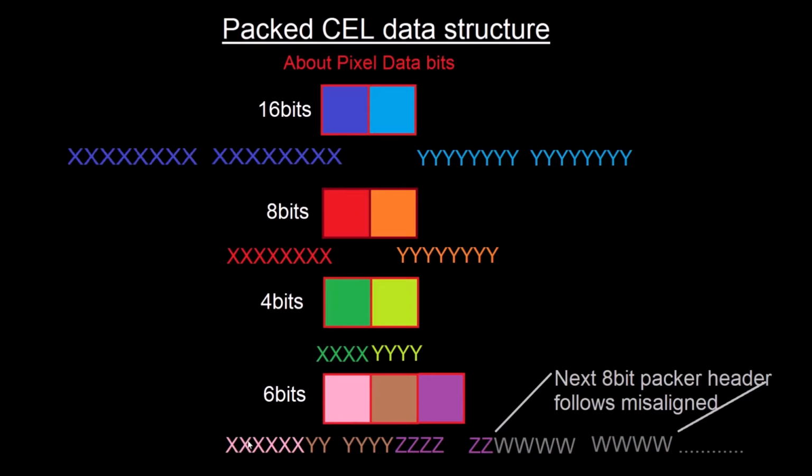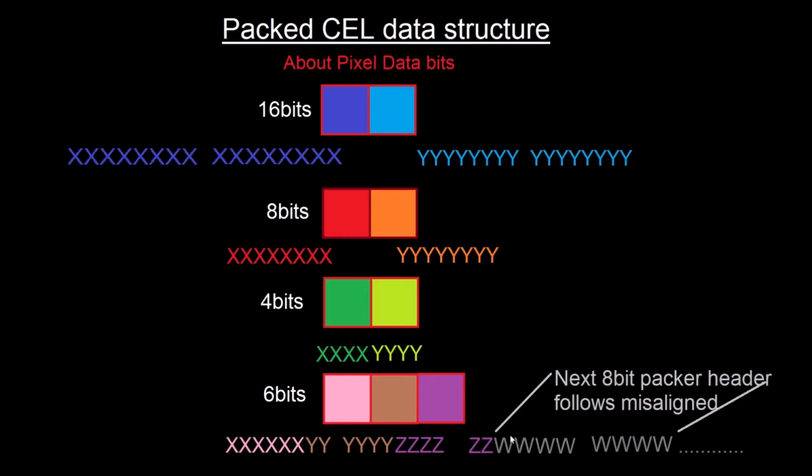3 pixels. See, I have put the same colors to the 6 bits, but there are 2 bits left on the byte. So this pixel uses the 2 bits and the 4 bits of the next byte. And there are 4 bits remaining in this byte, so it takes the third pixel and the 2 bits on the other byte.